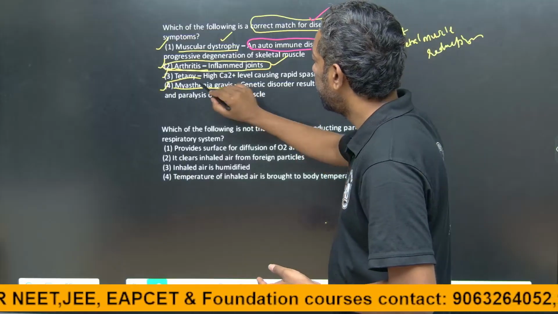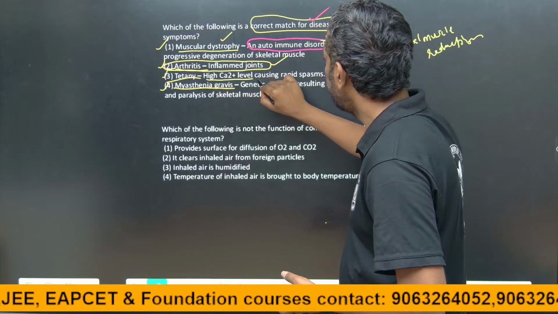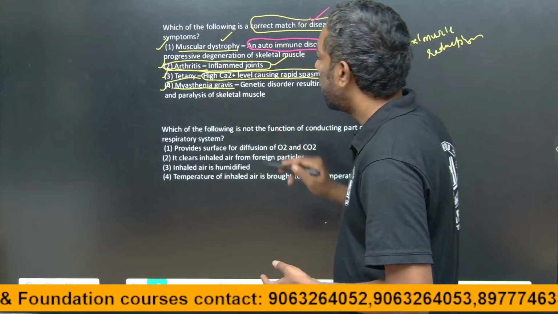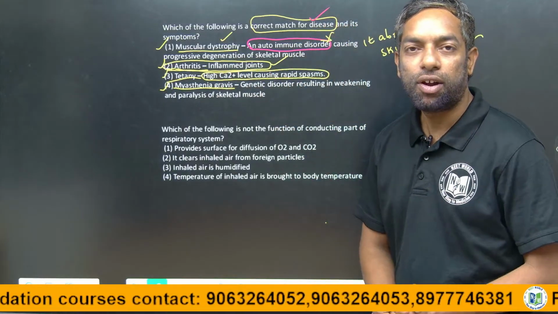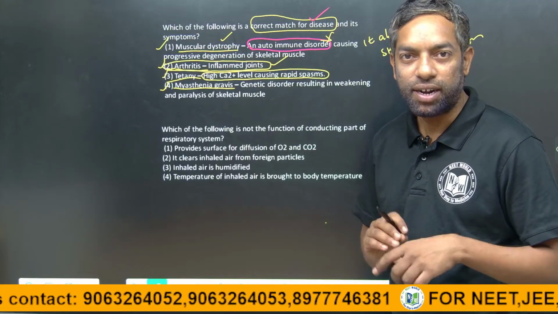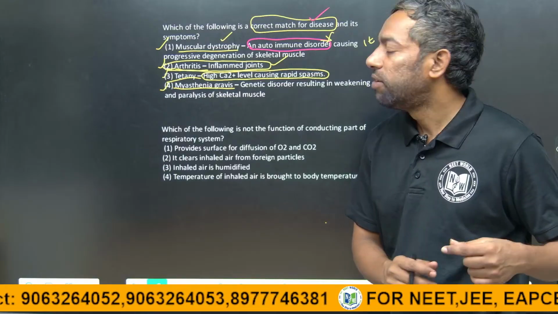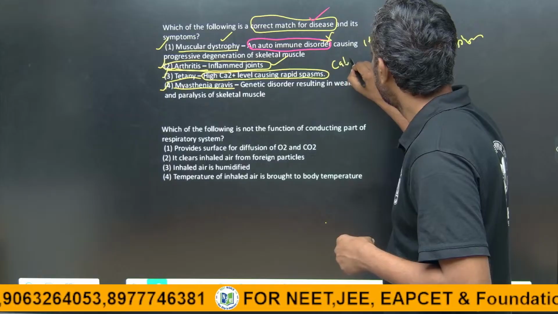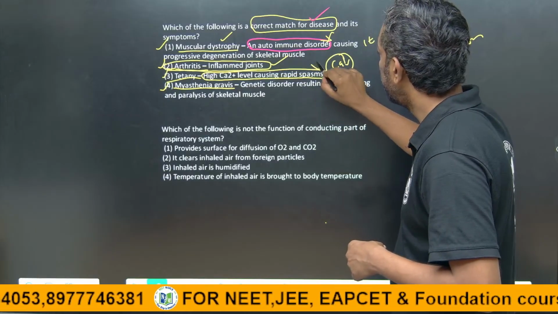Tetany is the calcium level causing rapid spasm. Mean, guys, if the calcium level is there in the muscle, the muscle is not going to die. Tetany means muscle going to die, which is due to low calcium levels. So this was wrong.